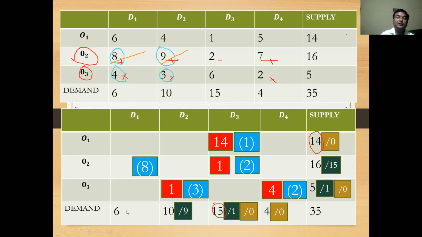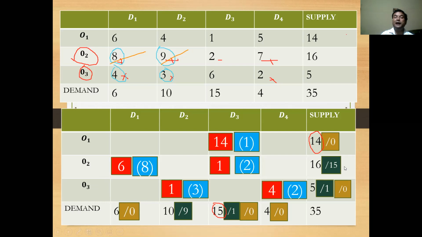It is based on the requirement and the availability. Availability is 15 and requirement is 6. So we can give 6 items. After giving 6 items, the requirement of destination 1 becomes 0. No requirement in destination 1.